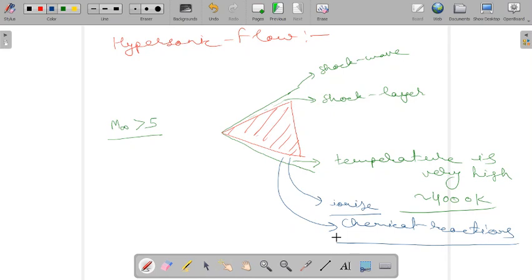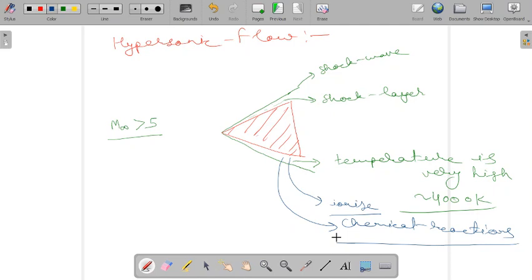Due to these things, the analysis of hypersonic flows is extremely challenging, because temperature is very high, because of which the immediate surrounding medium will be ionizing, and we may even have a lot of chemical reactions which will govern the complete dynamics.